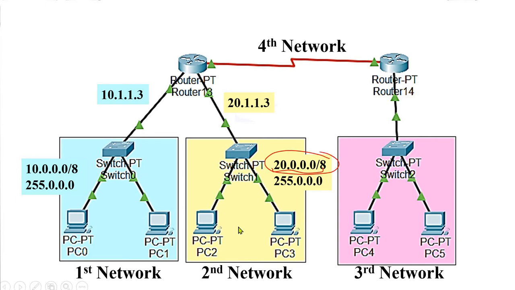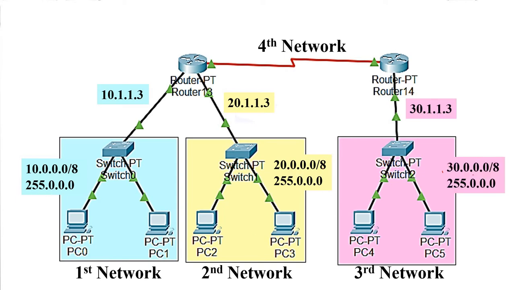The first PC will be assigned the host ID 1.1.1 and the second PC 1.1.2. Similarly for the third network we are using the network ID 30.0.0.0 /8 and the host IDs 1.1.1 and 1.1.2. Similarly for all networks I am using the next available address as the gateway address.